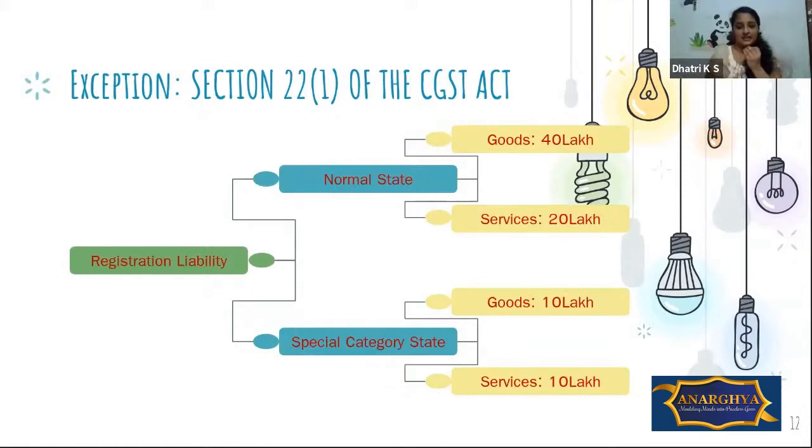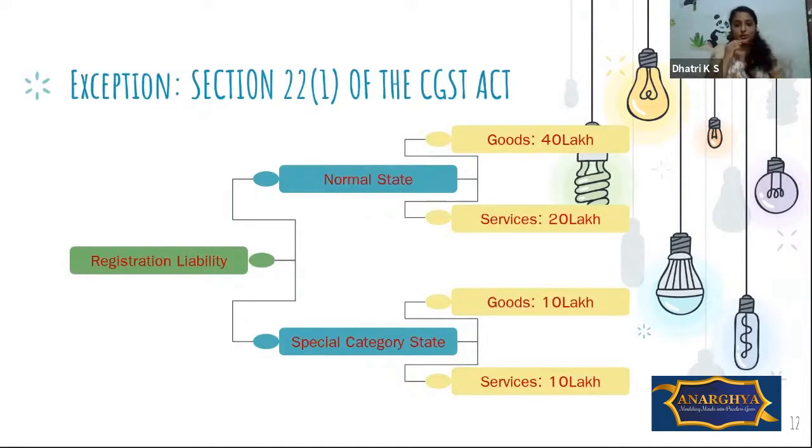It says that if the turnover of the supplier exceeds the following threshold limits, that is, in case of goods 40 lakh and in case of services 20 lakh. And in case of special category states, the turnover limit is 10 lakh. If it exceeds these amounts, then he is required to obtain registration. So if he is required to obtain registration, then Section 9, Subsection 5 is not applicable, only in case of accommodation services and housekeeping services.